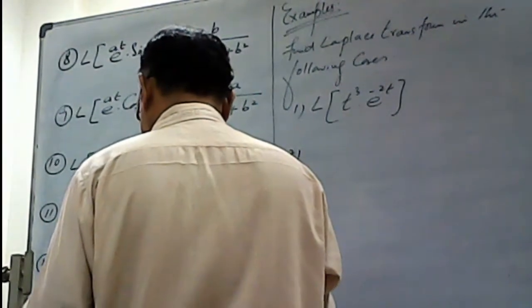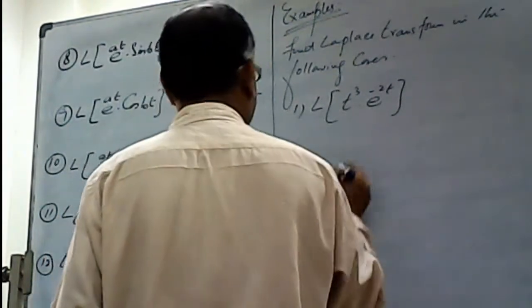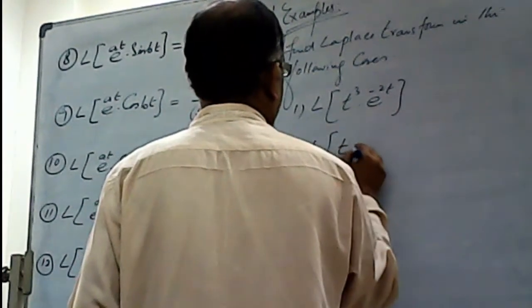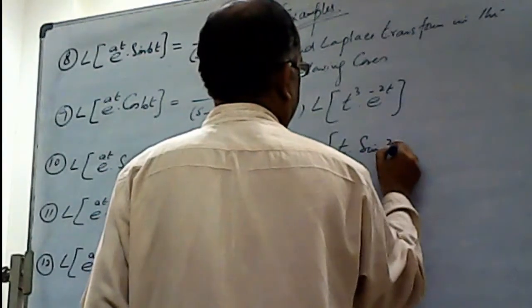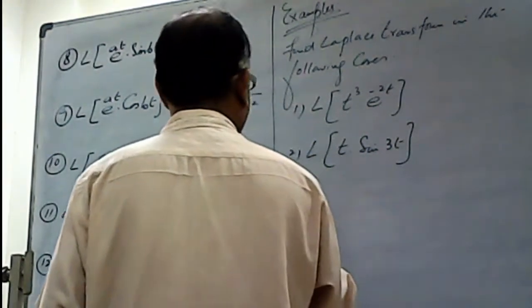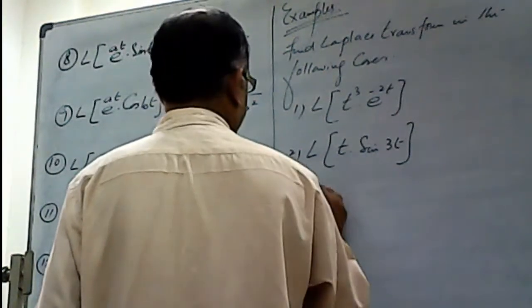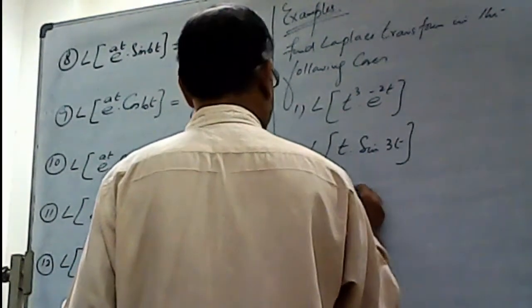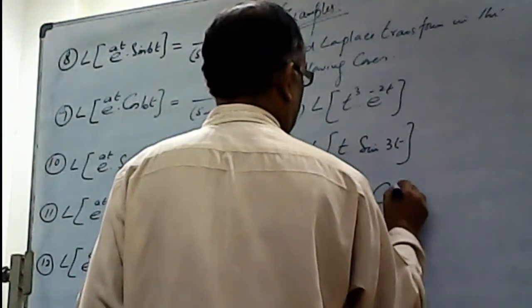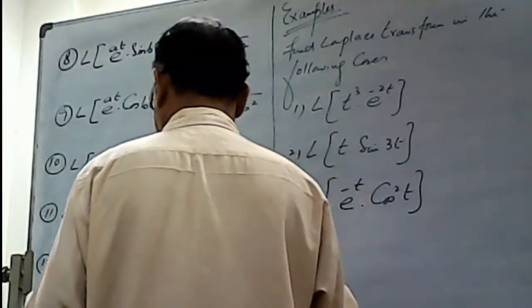Number 2, Laplace of t into sine 3t. Number 3, Laplace of e power minus t into cos square t.